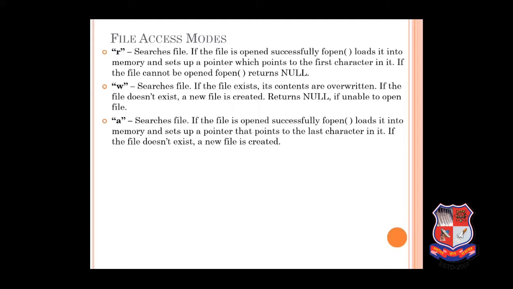It will search a file. If the file is opened successfully, it will load it into memory and set the pointer to the last character, and it will start writing or reading from the last character. So our data which is already there is safe and new data can be added. If the file does not exist, a new file is created.